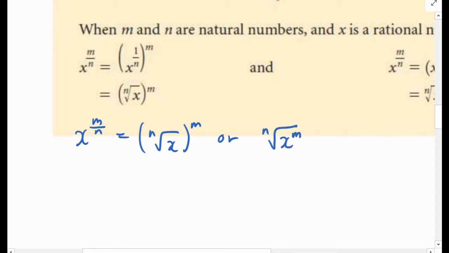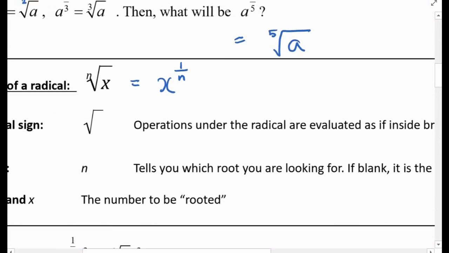Okay, there are two ways of representing this. Make sense, everyone? So when you have 1 here, you just write it like that. But when you have a certain number, say 2, you also need to put 2 here. Or when you have 2 here, you can also put brackets and put 2 here. So there are two ways of representing the fractional exponents as radicals.